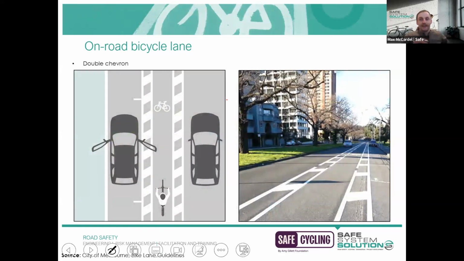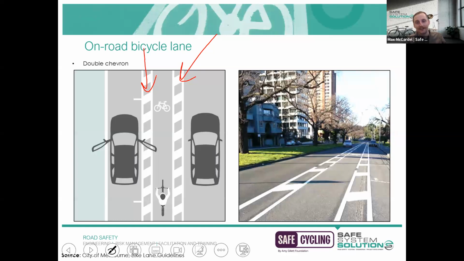Now, what we do know provides a greater level of safety, if you are doing on-road facilities and you cannot do protected bicycle lanes, is providing chevrons or buffers. A double chevron, which is what we're seeing here, is where you've got painted markings both adjacent the live traffic stream and adjacent the dooring zone.